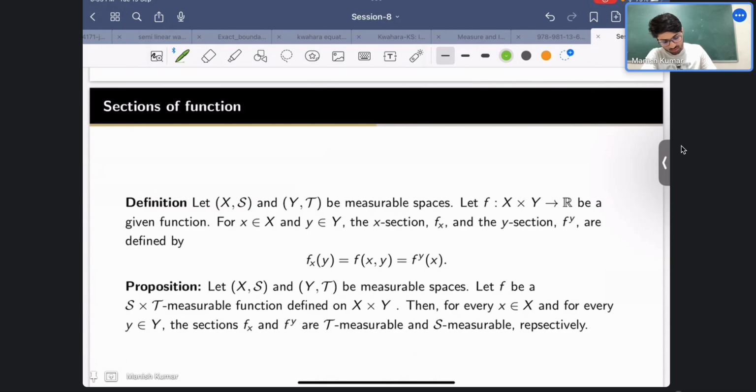Suppose you have the measurable spaces (X, S) and (Y, T), and consider a function f defined from X cross Y to R. fx and fy are defined as follows. Suppose x is fixed, then fx is a function from Y to R, a function of one variable such that fx at y is f(x, y). Similarly, you can define fy from X to R such that fy of x is f(x, y).